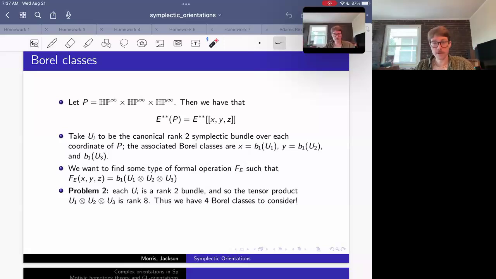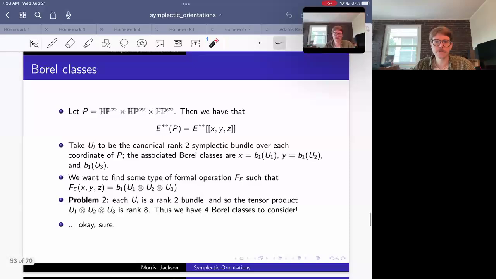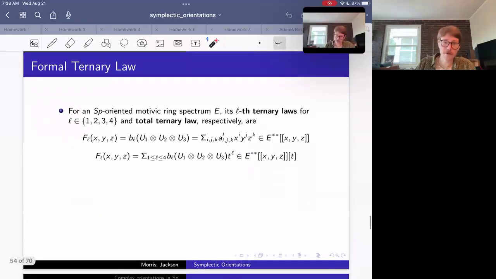Well, the solution is just deal with it, right? We have 4 Borel classes. Let's just consider them. There's an abstract notion of a formal ternary law that I'm not going to write up here that is much more complicated than a formal group law.